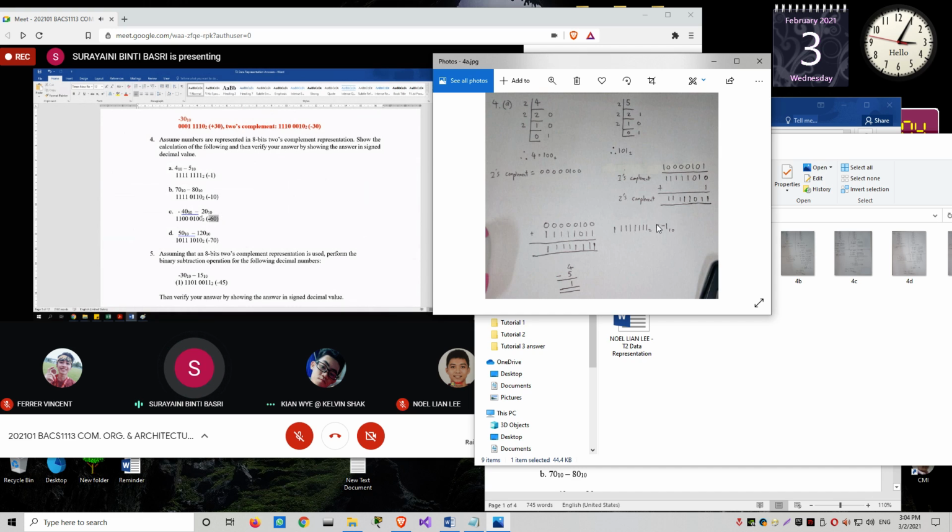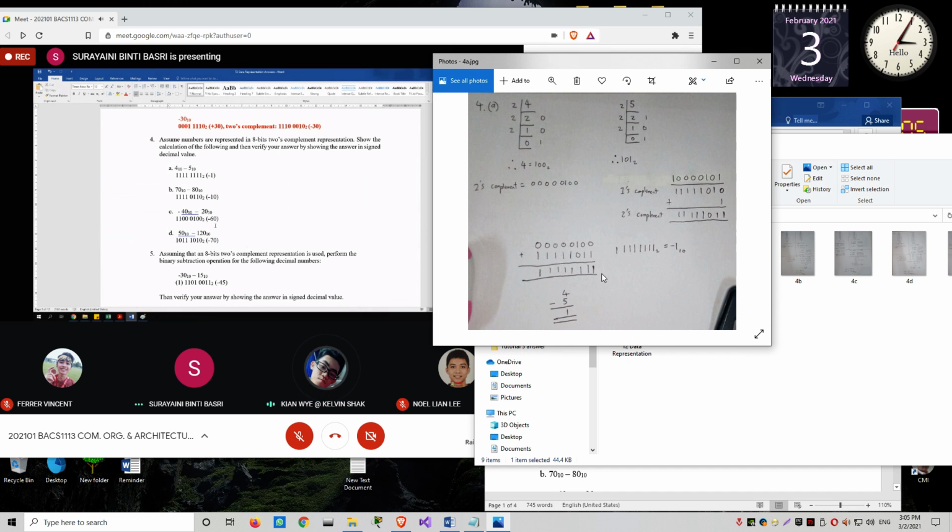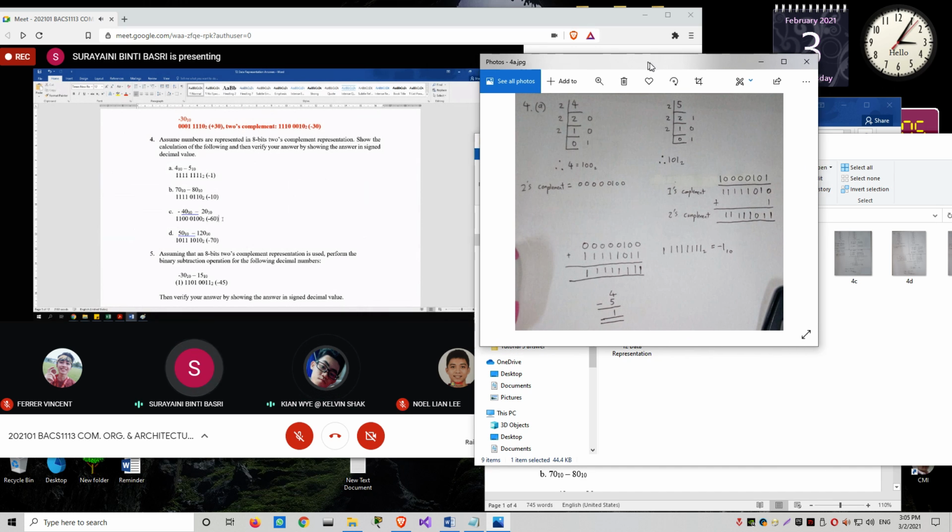So you don't know how to get this? No, I just asked, do you change them to negative and then add together first? But you already got the answer, right? So how did you do that? I just changed them to negative and then added together.